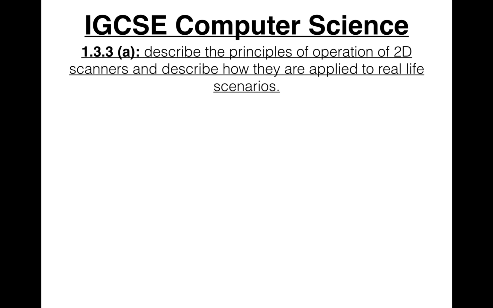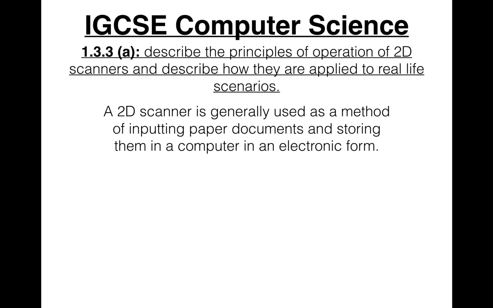So there are quite a lot of devices that we have to cover in this topic, but hopefully we'll get through. Alright. A 2D scanner is, I'm pretty sure everyone knows what it is, or has heard of one or used one, and it's pretty much something that can scan or input a physical object, usually paper documents, and store them in a computer in an electronic form, such as a PDF or a JPEG.